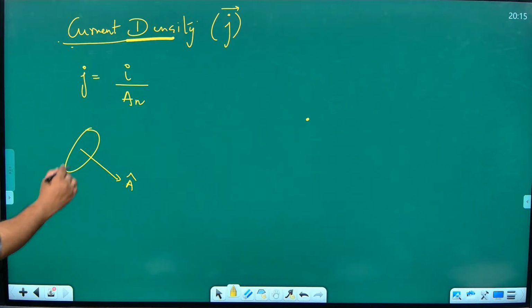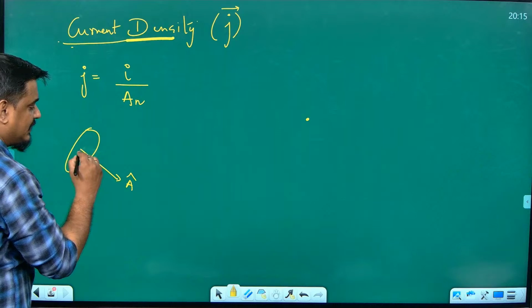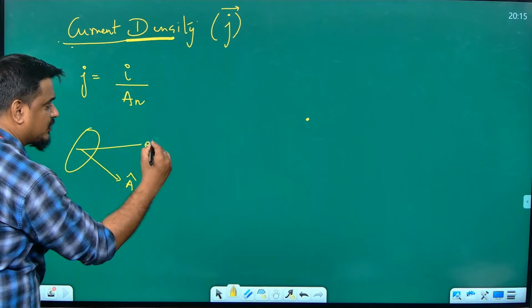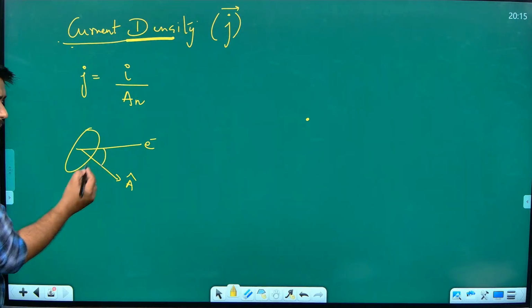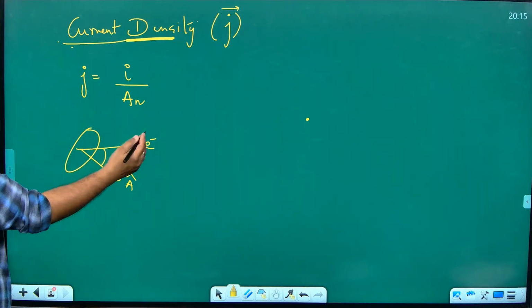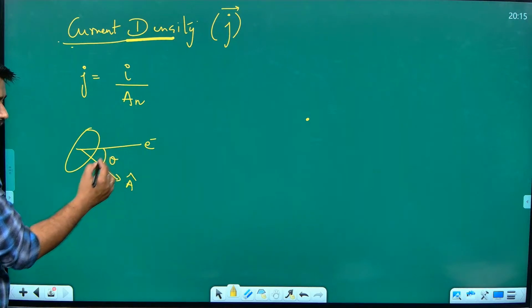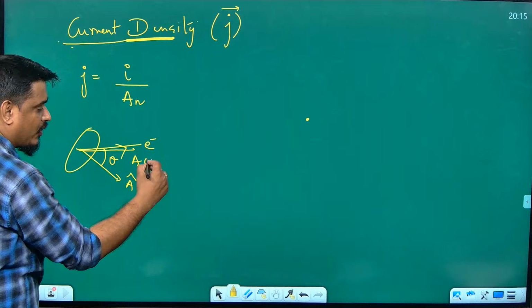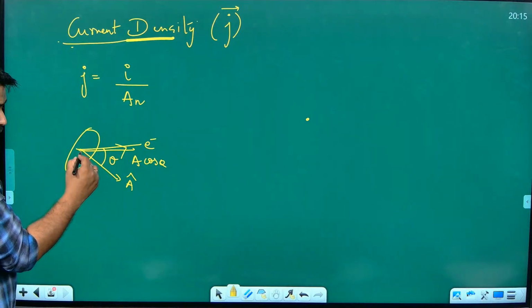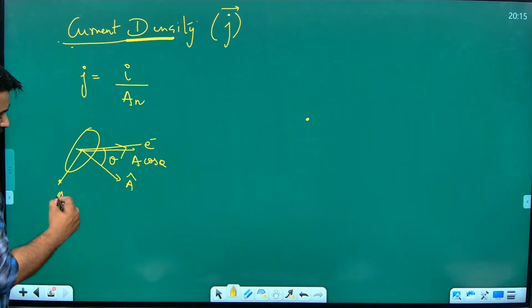Now, if this is the area vector and this is the way the current, the charge, is moving, so the angle made between the current, that is the charge movement, and the area is theta, then the normal area will be how much? A cos theta. And this side you will have A sin theta.